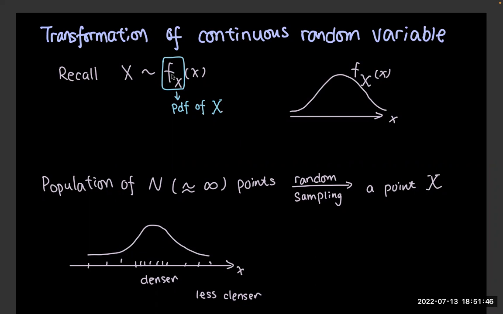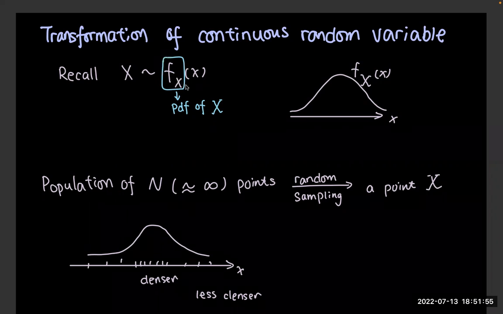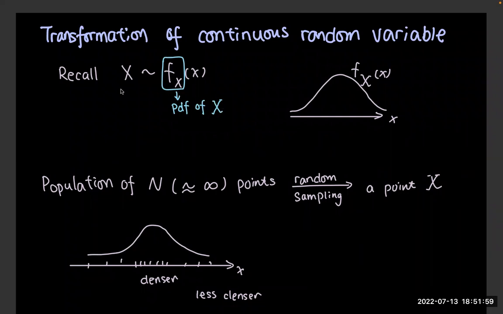So here, this f denotes a probability density function, and we attach this capital X to denote that this is a density function of the random variable X. Recall that we use a capital letter to represent the random variable, and we use a lowercase letter to represent the value of the random variable.